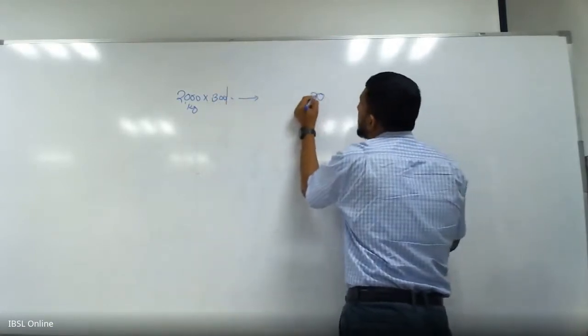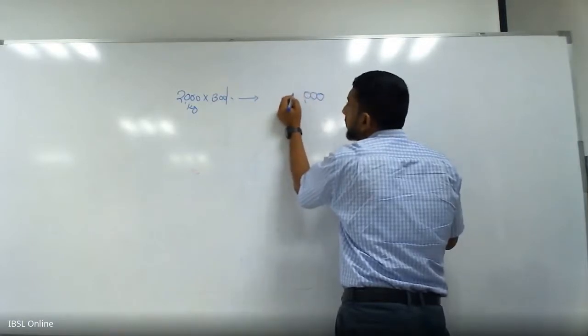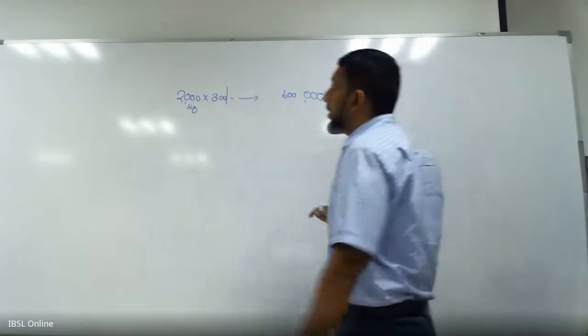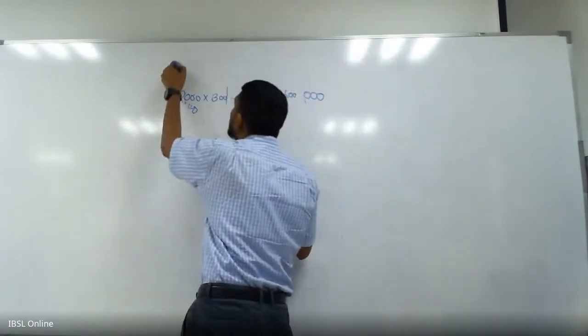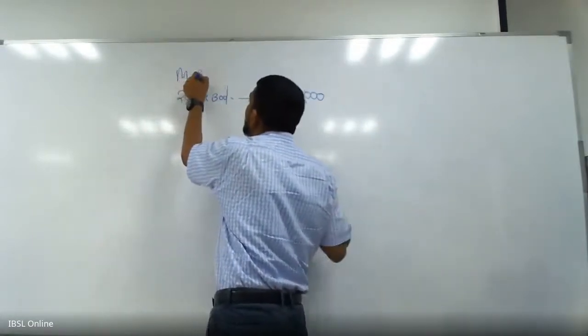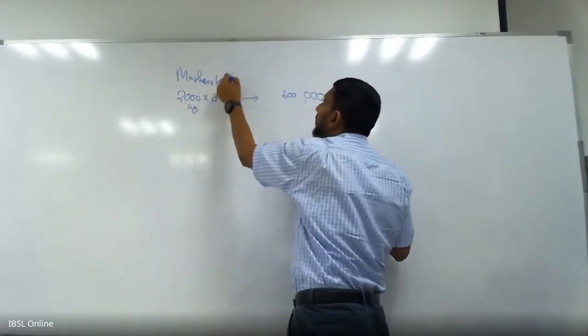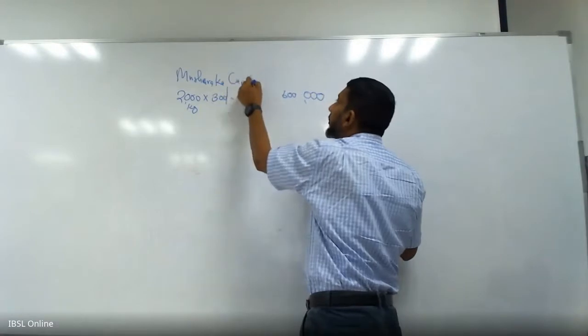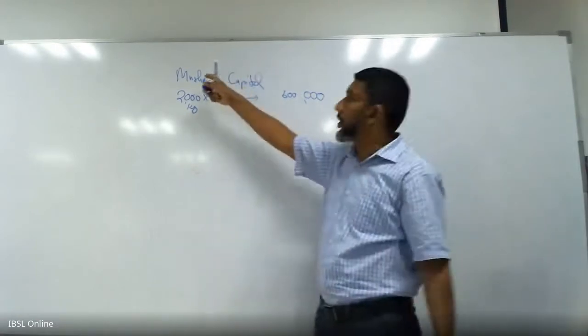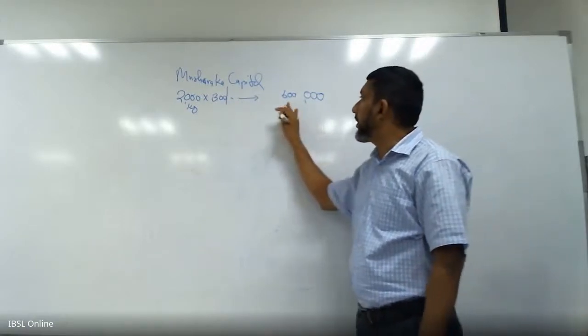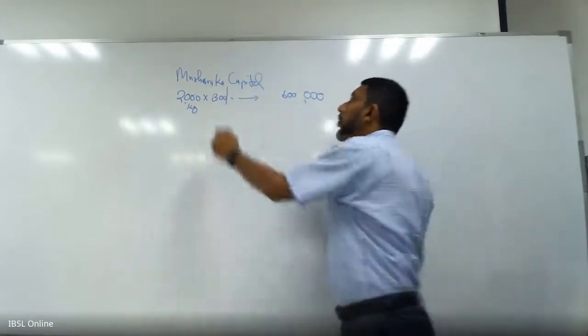So that is 600,000 rupees, which is the Musharaka capital. Can you all see this? Musharaka capital, 600,000. How did I arrive at it? This is the total purchase.